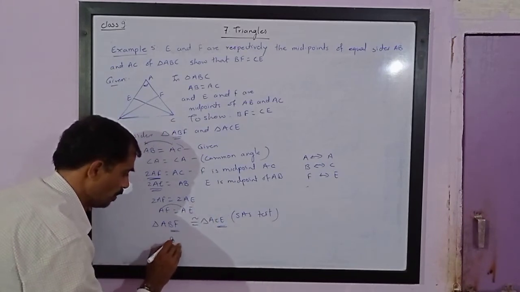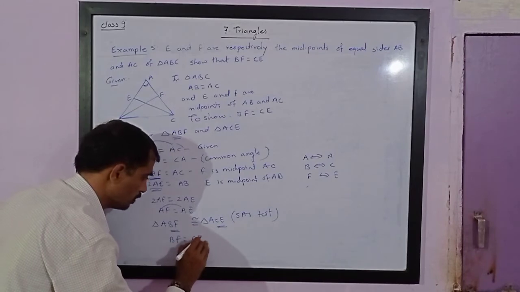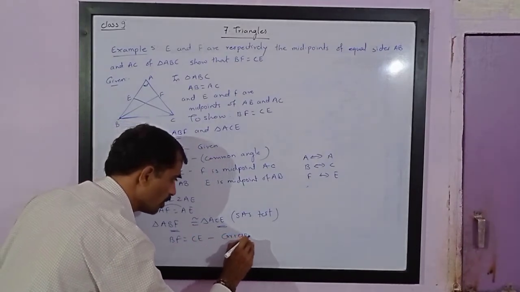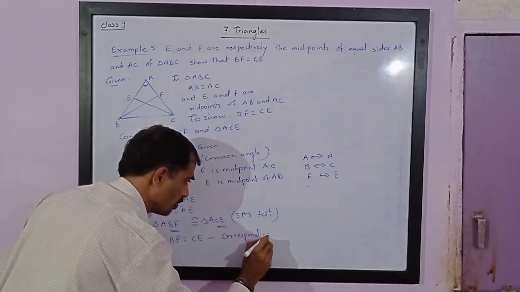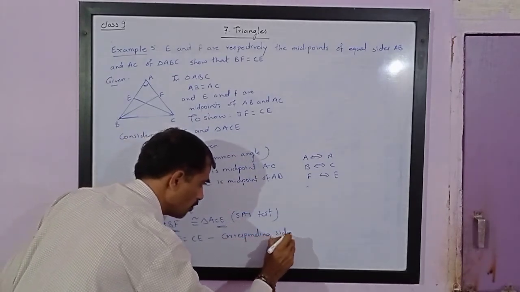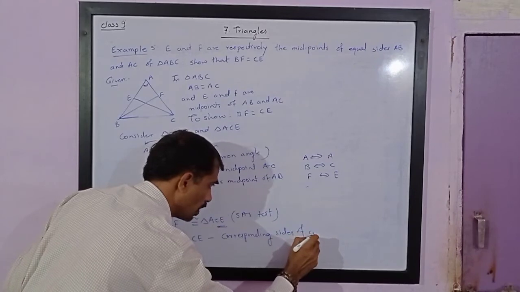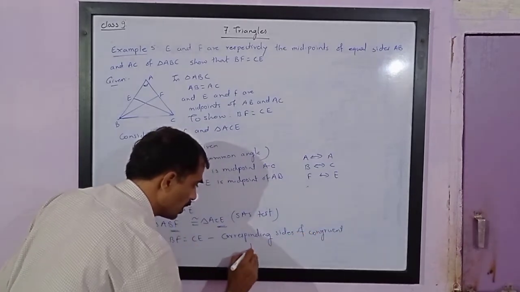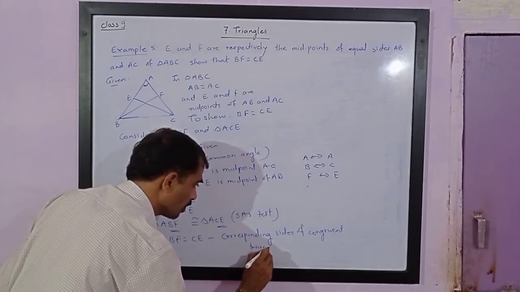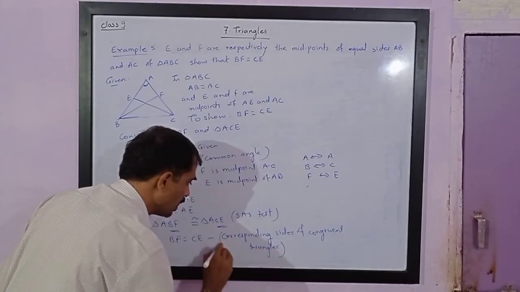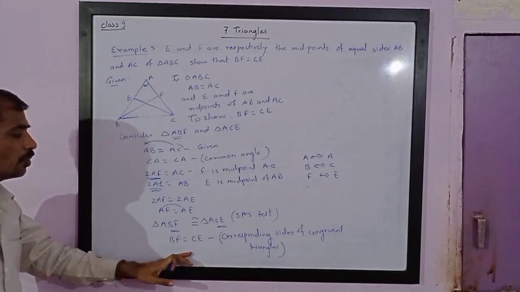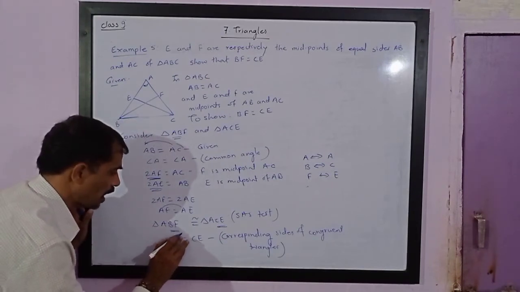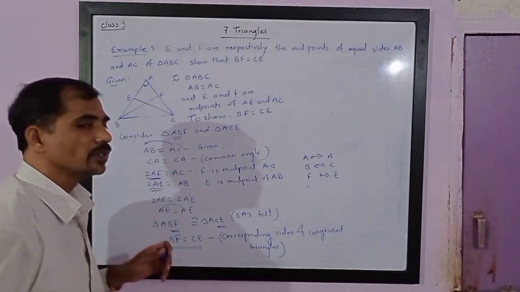Therefore, we get BF is equal to CE. Reason: they are corresponding sides of congruent triangles. The same question was asked for us to prove: show that BF is equal to CE. So in this way we can show that BF is equal to CE.